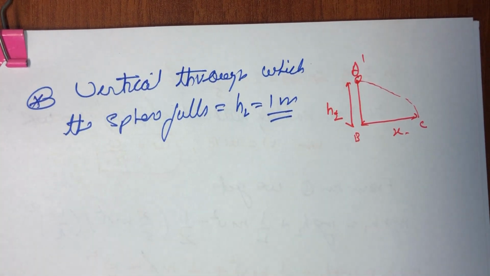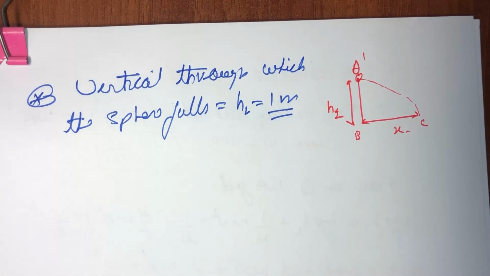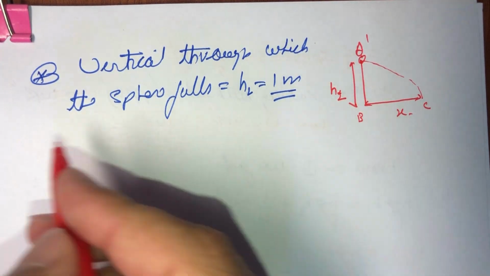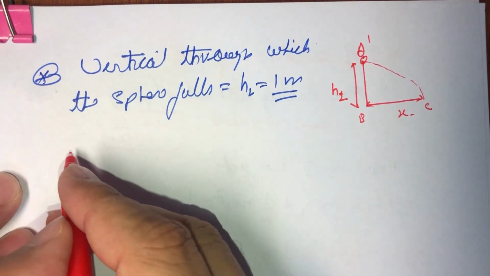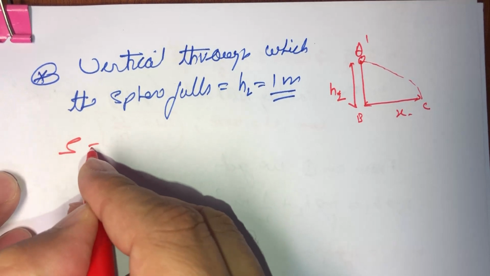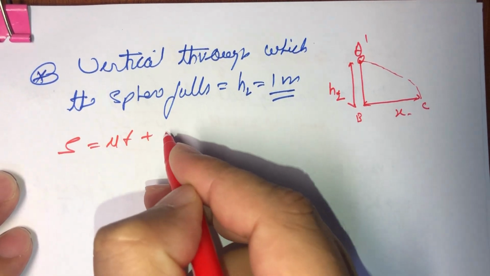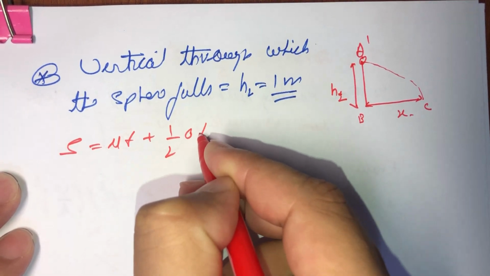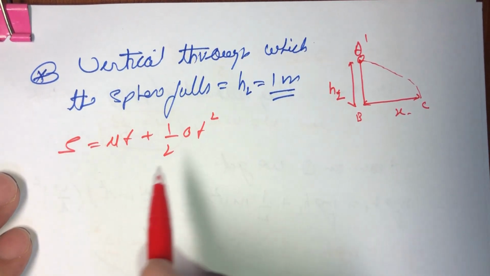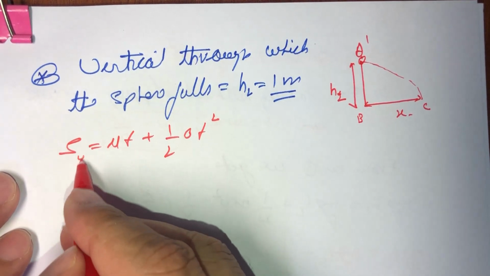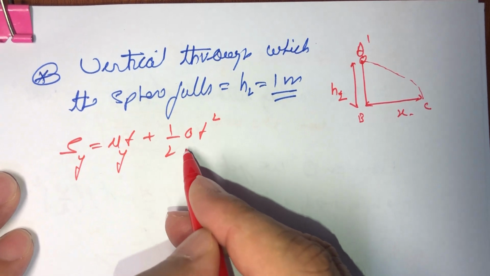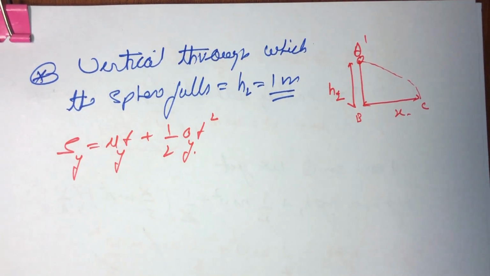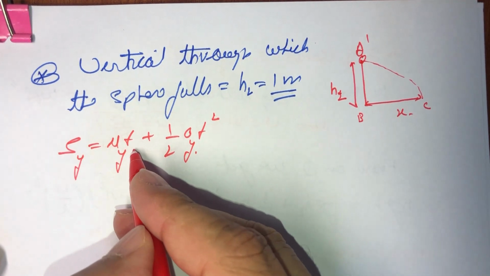So therefore we can use the formula from kinematics, S is equal to ut plus half at square, and we are going to use it for vertical motion. So this will be S of y, u of y, and a of y. And let us suppose the time is given as t of y.